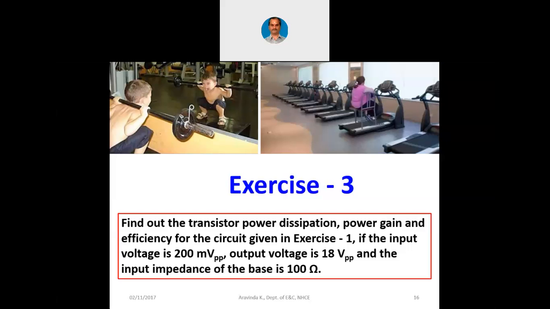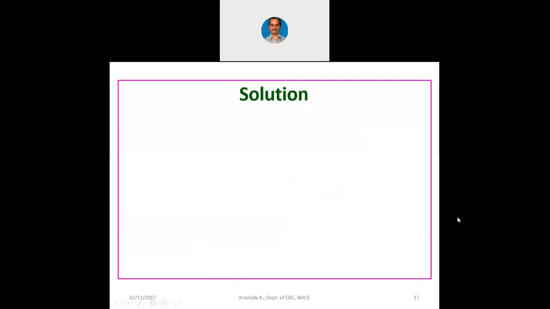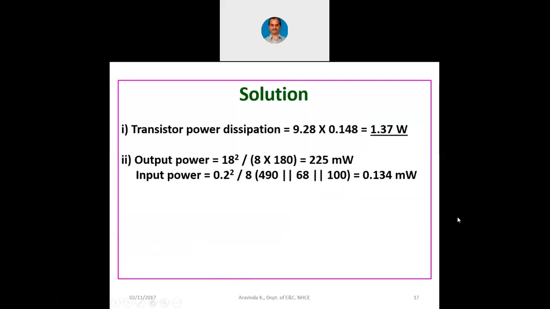So we have to consider the input side circuitry also, as we had done in the AC analysis. So R1 and R2 are in parallel with the Zin. That is the total input impedance of the circuit. In the problem, it is given as the input impedance of the base only, not as the complete circuit.